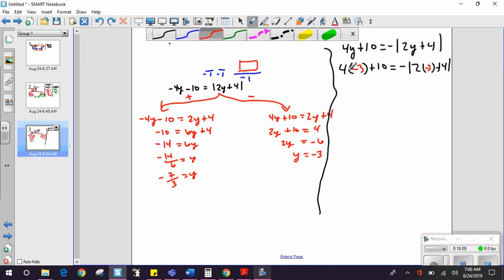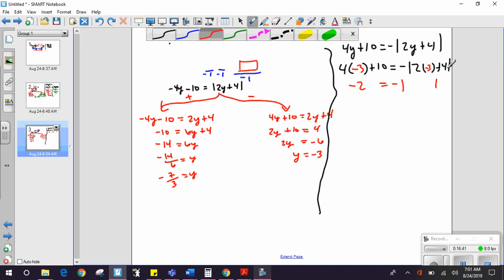Alright, so on the left, that's 4 times negative 3, which is negative 12. Negative 12 plus 10 is a negative 2. On the right hand side, we have a negative absolute value. And inside the absolute value, we have 2 times negative 3, which is negative 6.